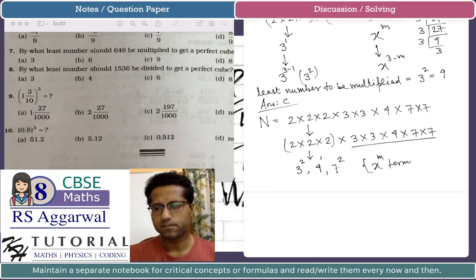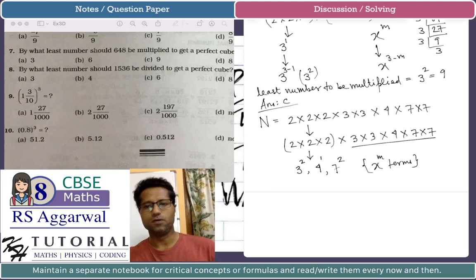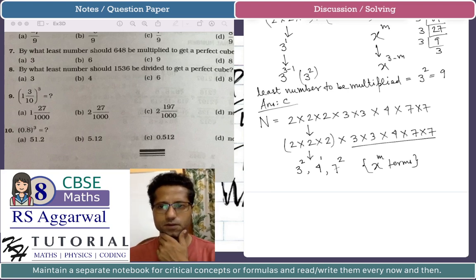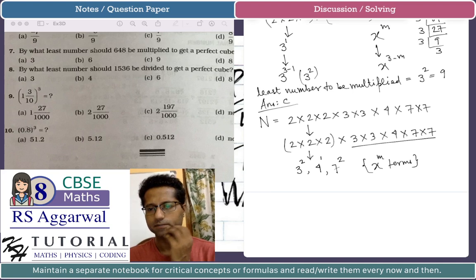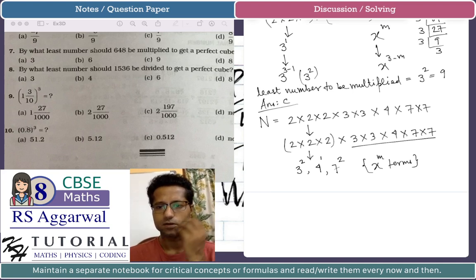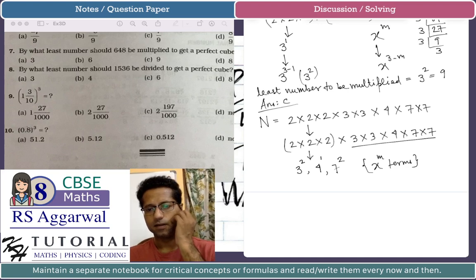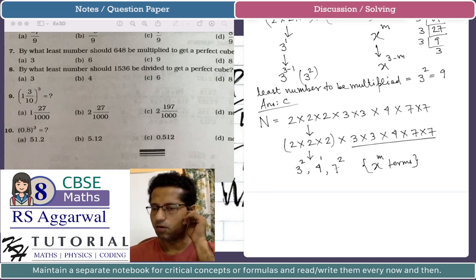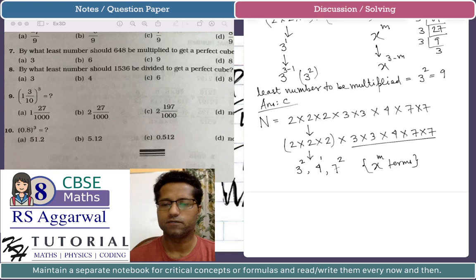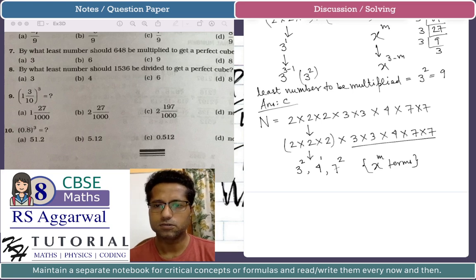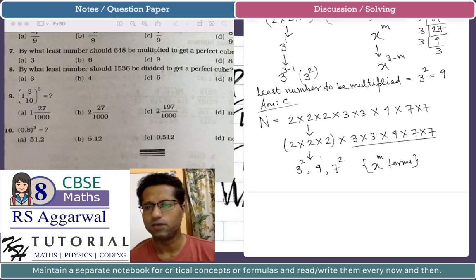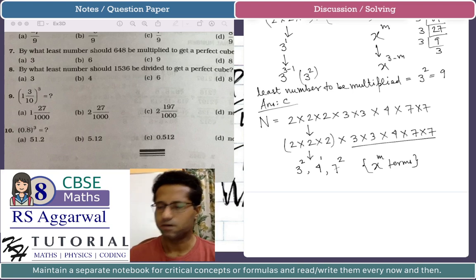As per my notes, the x to the power m terms are the terms which are not part of any triplet, and they are formed by considering all the factors which are not part of the triplet and merging the equal factors as powers.